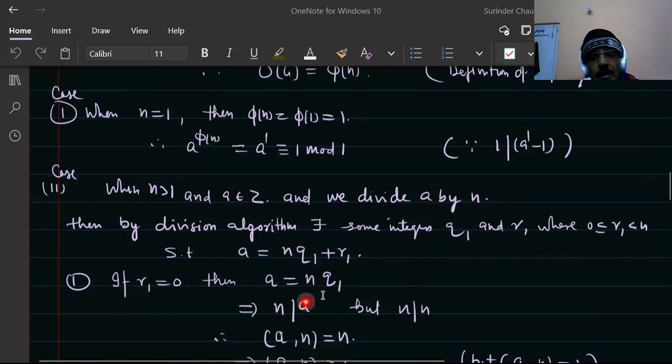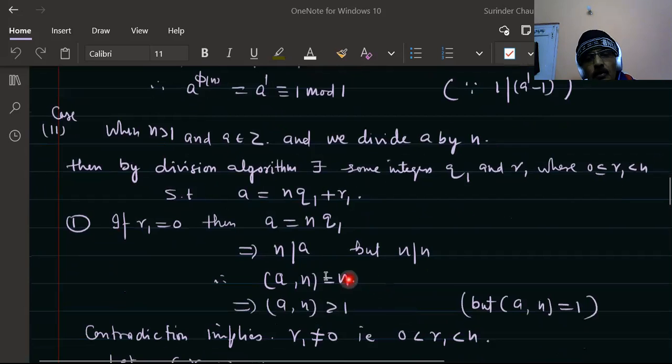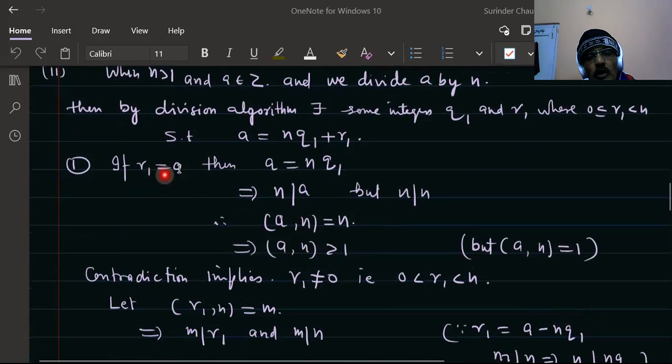This implies N divides a, and N divides N. So if N divides a, the greatest common divisor of a and N will be N, which is greater than 1. But it is given that the greatest common divisor of a and N is 1. So our supposition that r1 equal to 0 is not true, a contradiction.